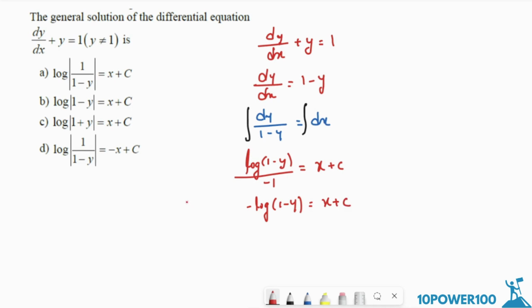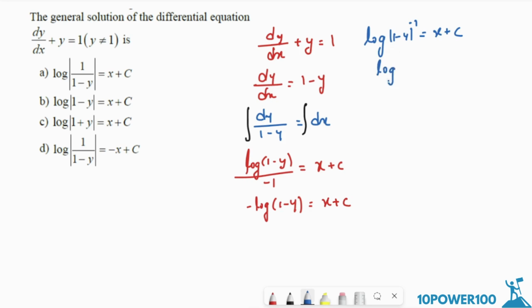Do we have this option? No, we don't have this option, so we have to solve further. We just have to use log property to get this answer. So it's very simple. Let's write that out. Log mod 1 minus y whole power minus 1 is equal to x plus c. That whole power minus 1, I'll bring it down.